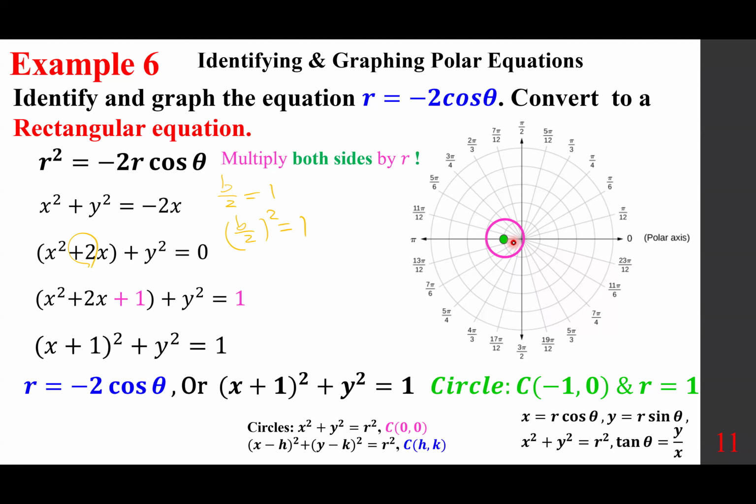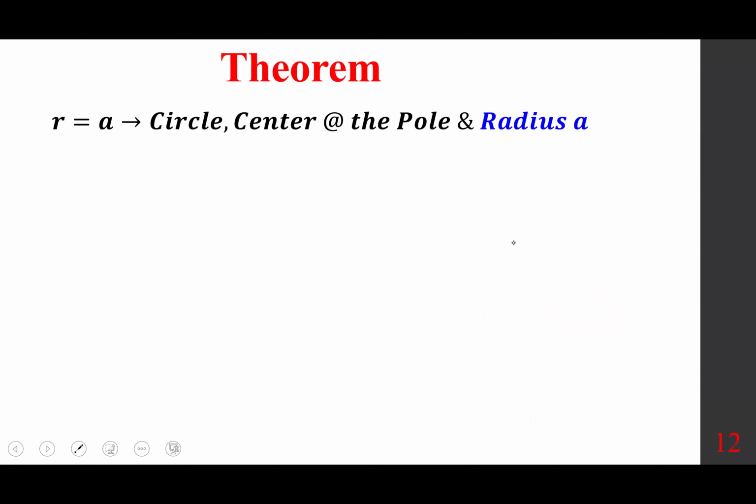So what did we learn? What did we notice so far? Here, when r is equal a number, a constant such as a, we are dealing with a circle which is centered at the pole with the radius a. When theta is equal to something like alpha, then the line y equals tan alpha times x.